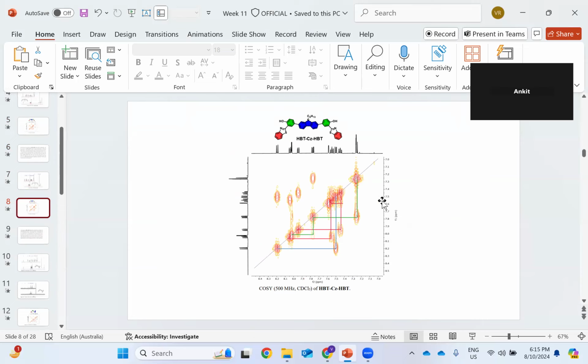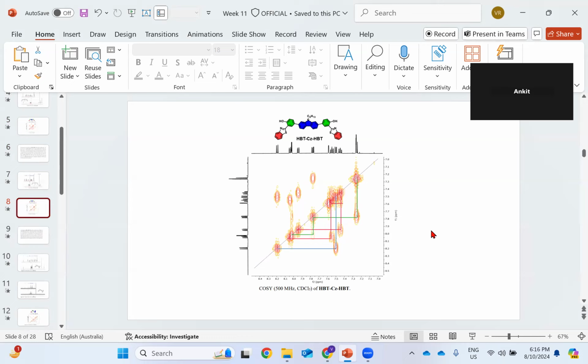I zoomed in to show the important part required for assigning each and every signal. The remaining spectra in the alkyl region I have cut out.